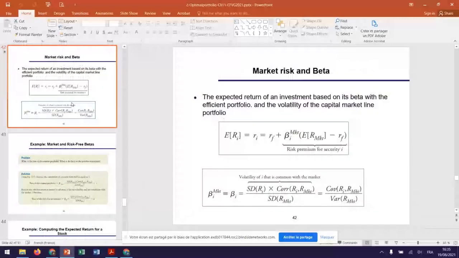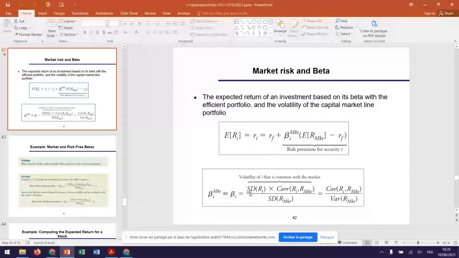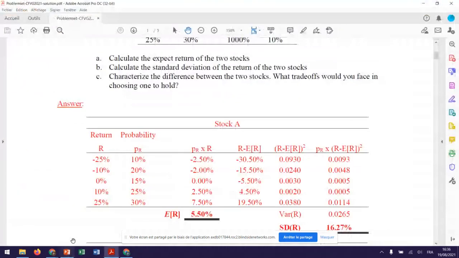The beta is the SDRI, the SD of the Campbell Soup, multiplied by the correlation of RI and RM, divided by the SDRM. Can you plug in the formula and make the calculation?